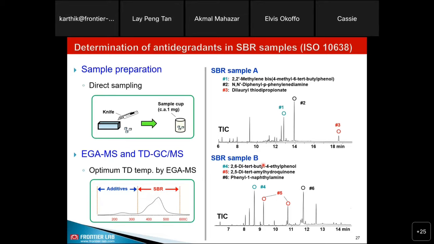This information can be obtained by the TD-GCMS, thermal desorption GCMS analysis. It's pretty straightforward. So I have shown the ISO method for two different objectives or applications: one is the composition analysis and the type of rubber within the tire, and the second is determining the presence of anti-degradants in different types of SBR samples.